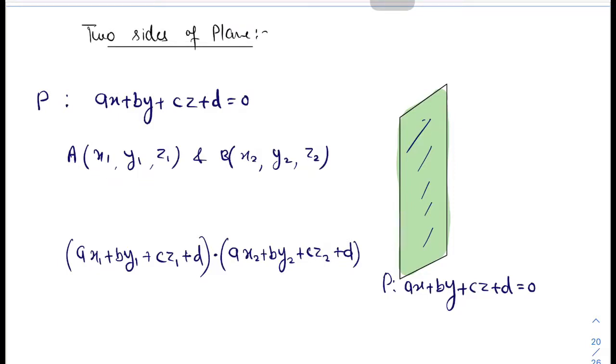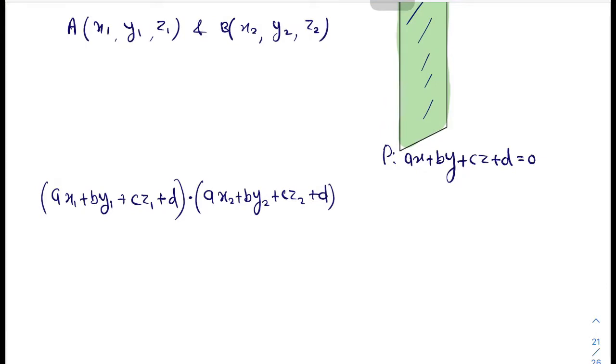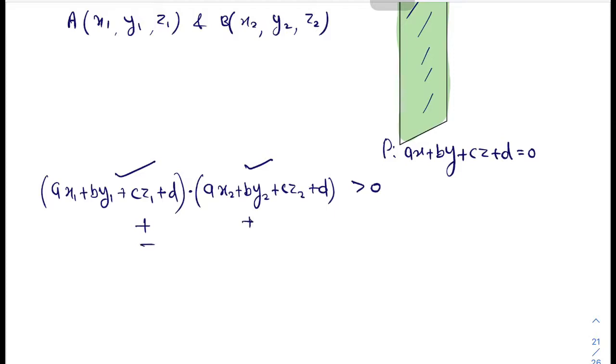and if this comes out to be positive, this is only possible when these two terms are of similar sign, whether both are positive or both negative. It can't be one positive and one negative.